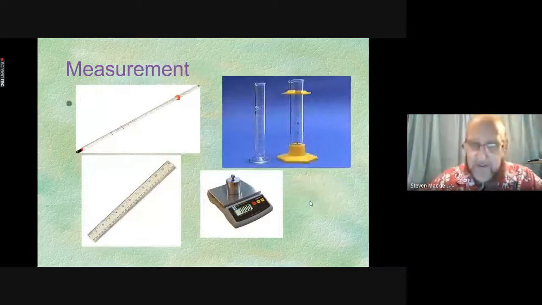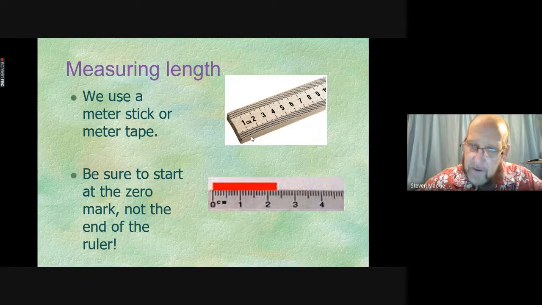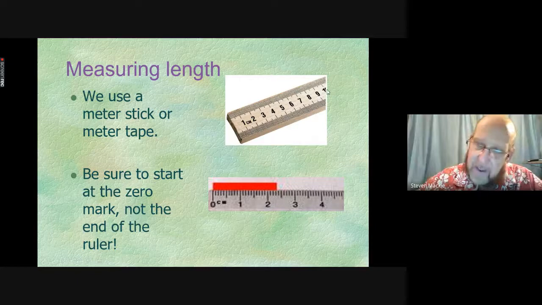So here's a little picture of the beginning of a meter stick. It starts right here at the edge. Here's 1 centimeter, 2 centimeters, 3 centimeters, 4, 5. These units here are centimeters. This little piece of the meter stick goes all the way up to 10.